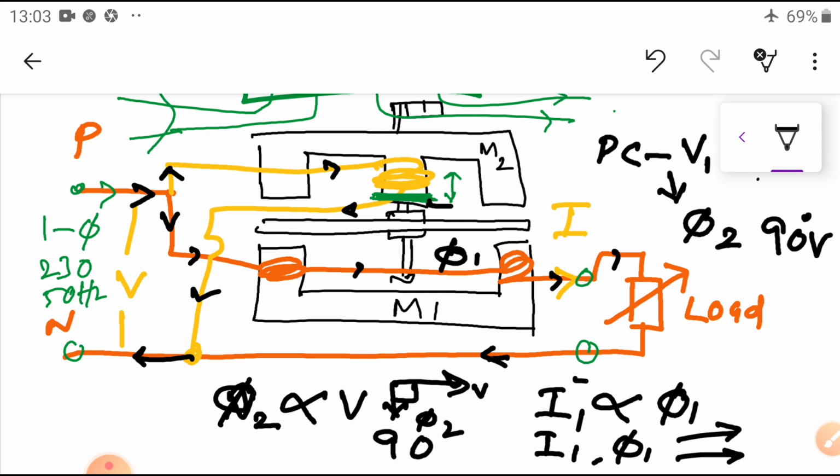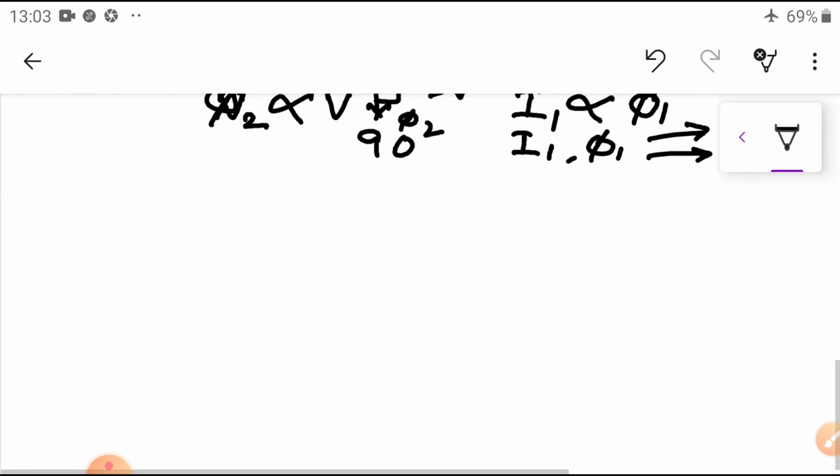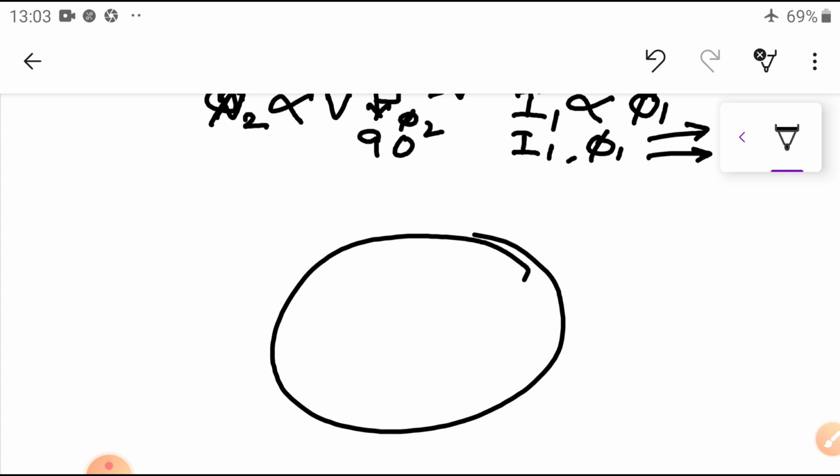Now what has happened? Due to the flux phi 1, it flows and cuts and links with the stationary aluminum disc. So here, if you see the plain aluminum disc, the flux phi 1 links with this one.